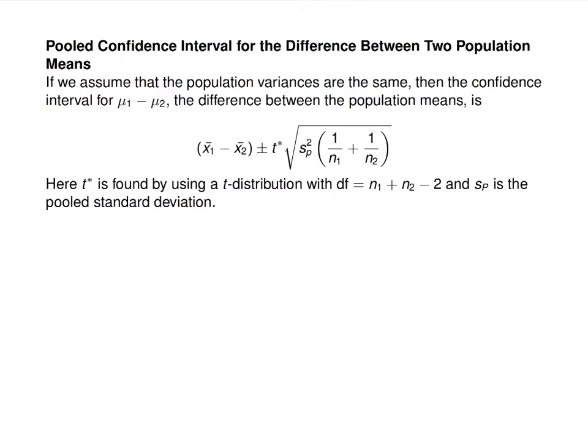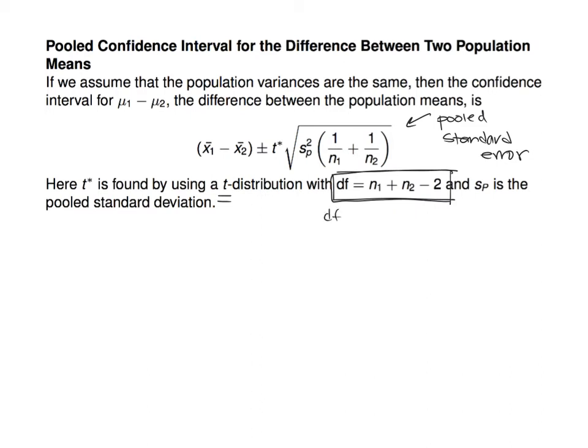So here is the format for that pooled confidence interval. You see how we have the pooled standard error. The real difference, other than that, comes from finding the multiplier. The multiplier is found using a t distribution, but now your degrees of freedom is bigger: you add the sample sizes together and take away 2.